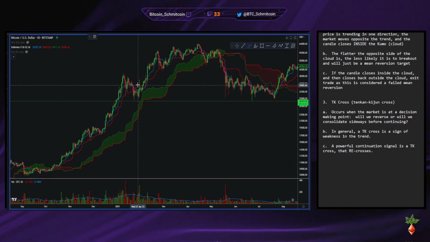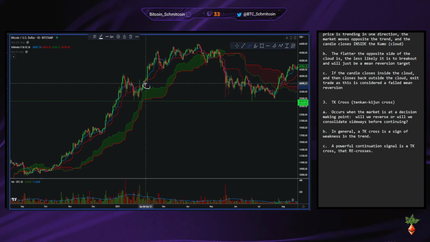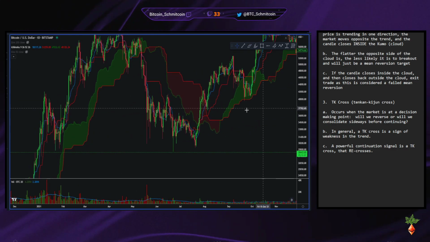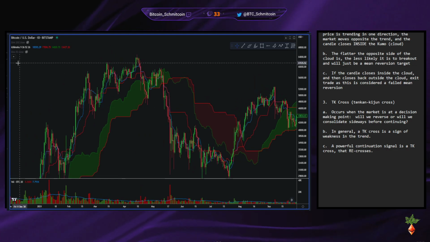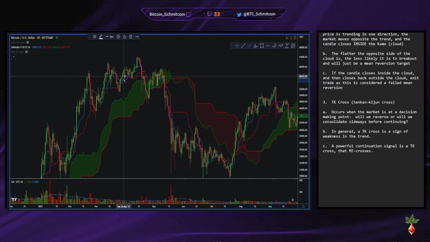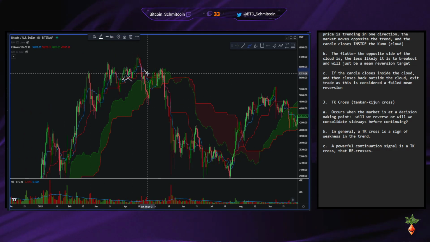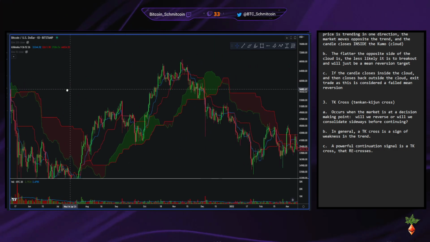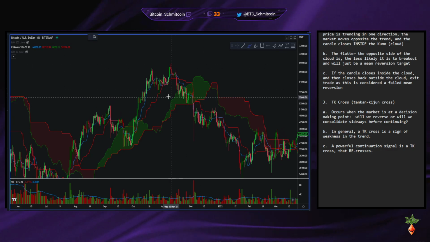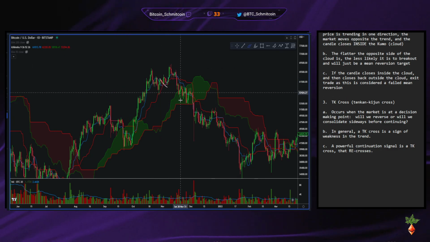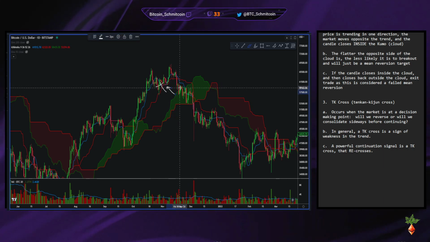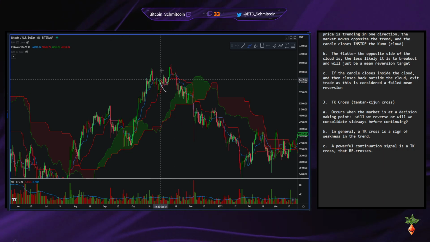Now, just because it crosses does not mean that it's going to recross and continue. Those are exceptions to the rule. Here's an example of when it crossed and it didn't recross. So here's your cross, your recross, and the trend begins. Again, same thing here: we get our cross, our recross, and the market goes bang.